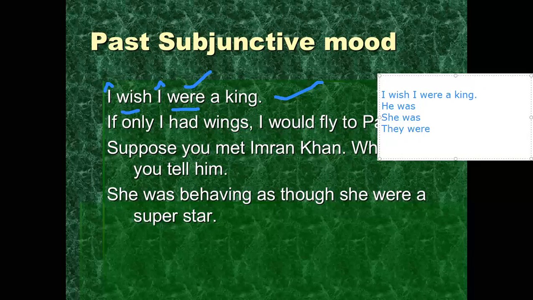And let's suppose if we don't do it, it would mean that we are not actually writing the sentence in the subjunctive mood. And if you're not writing the sentence in the subjunctive mood, it's not about something which is imaginary, something which is not possible. So when you're talking about something which is not possible, you have to violate the subject-verb agreement rule. And you have to use the past form of the verb.